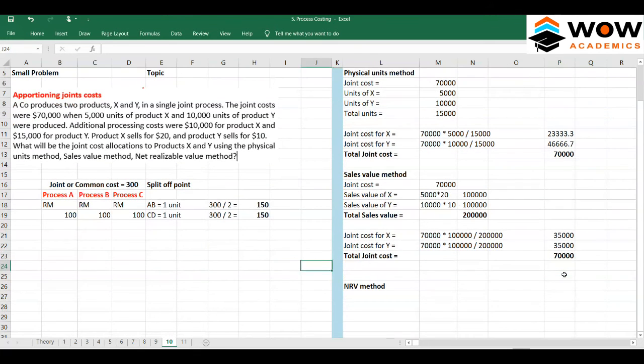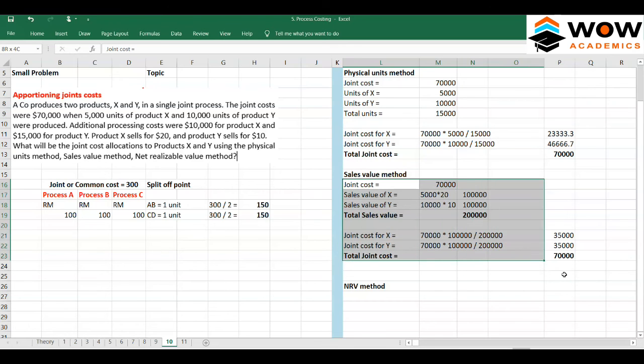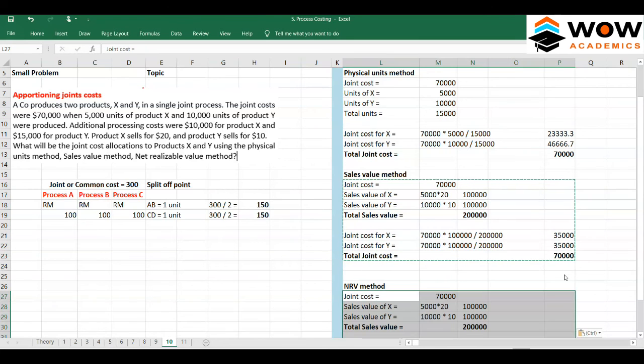This method is called the net realizable value method. So either way we can copy all of these. So we can start here.